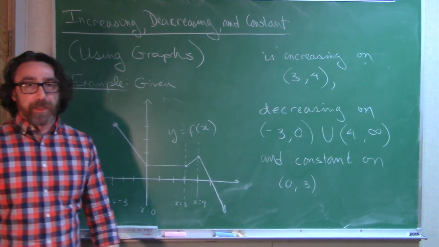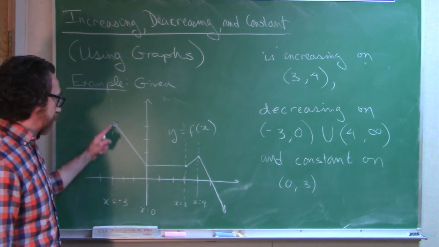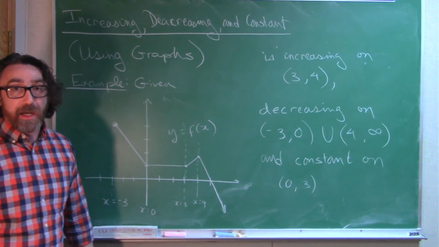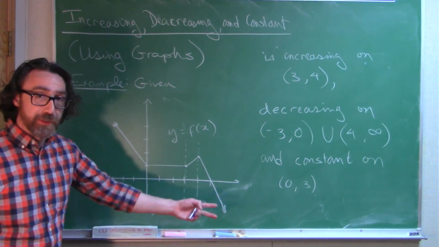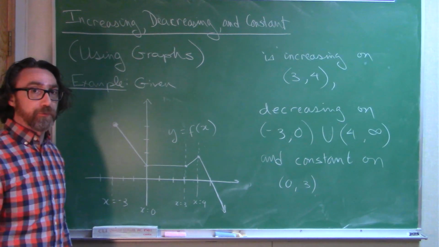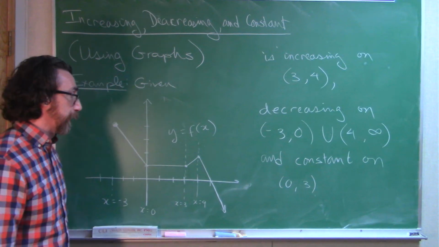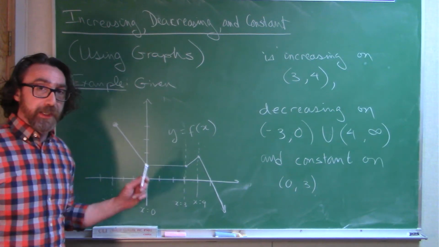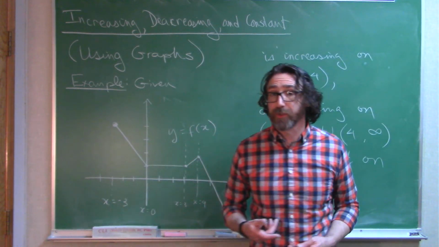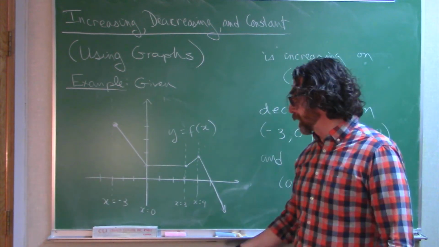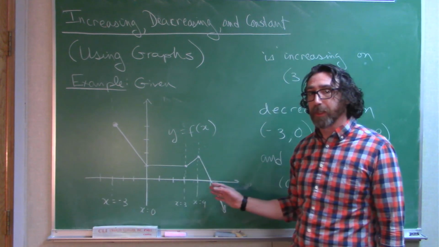With all these things together, we've tackled the entire domain of the function. The domain of this function is negative 3 to infinity. Look back at our video on finding the domain and the range from a graph, and you'll see that. Remember, the big idea when we're talking about where a function is increasing, decreasing, or constant is that we are talking about the intervals of the x-axis where that is happening.